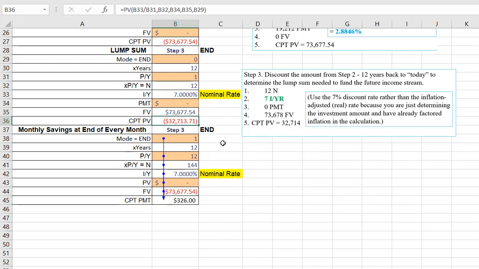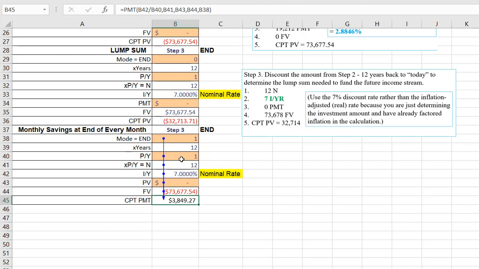Step number 3 in terms of a lump sum, or step number 3 in terms of a monthly savings. If we wanted to change this to an annual savings, I just changed the periods per year to 1, and we could see that annually we would have to save $3,849.27.